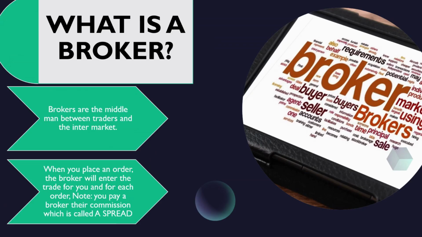Do you understand? So we have what we call, what is a broker? Now, a broker is like a bank. I usually categorize it like a bank, but not really a physical bank. I would say it's the middleman between we traders and the interbank market. When you place an order with your broker, that's the middleman, the mini bank.